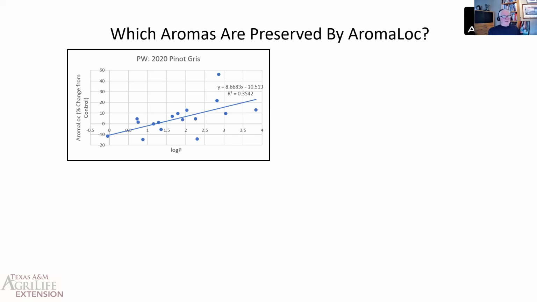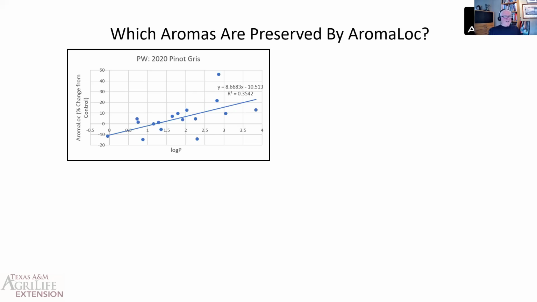Now the control wine is always done in the standard way. There's an outlet to the atmosphere. The Aromalock wine has the headspace ducted to the Aromalock machine, where the aroma compounds go across a membrane and go back to the headspace.